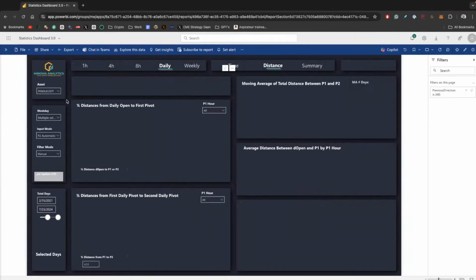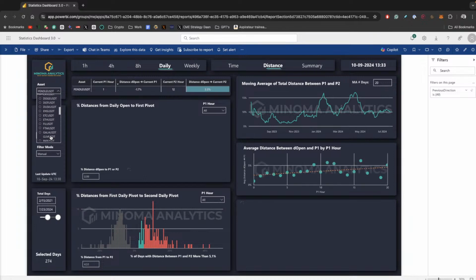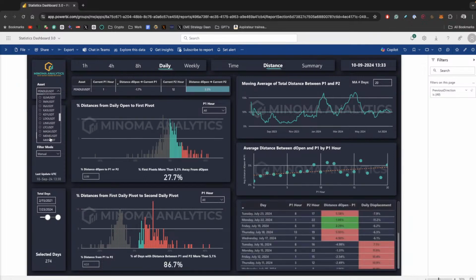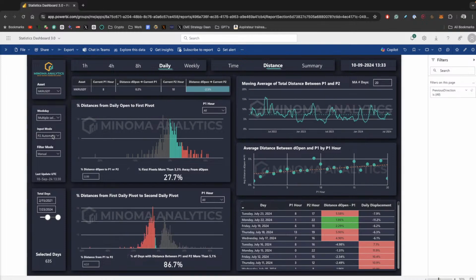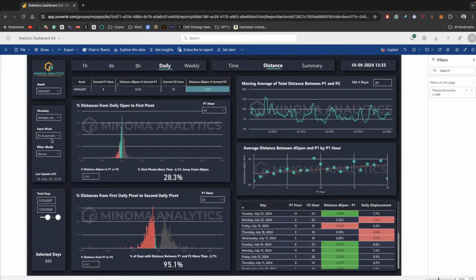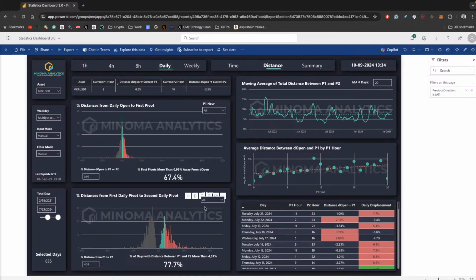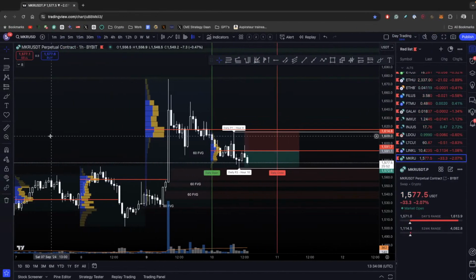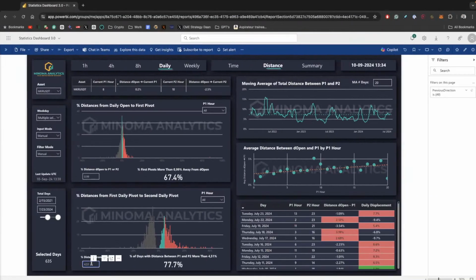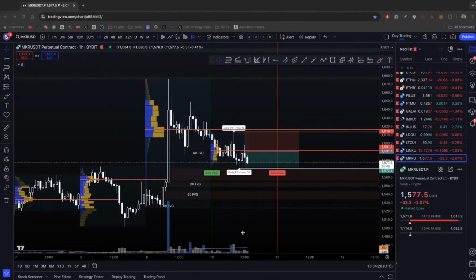If you go to distance statistics and you go to Maker, I press manual. So let's see how far 50% of these days come. So let's say 6%. 55% of days go further down than 6%, right?